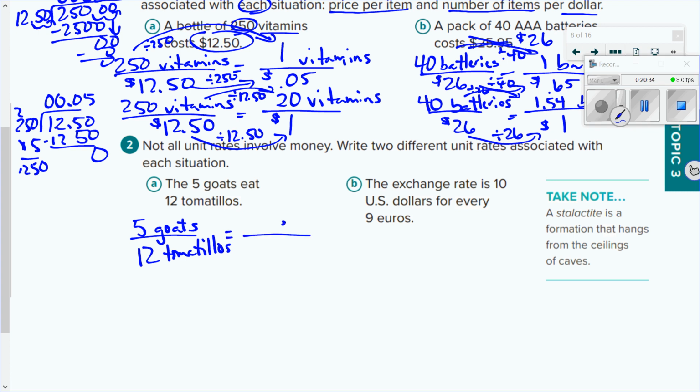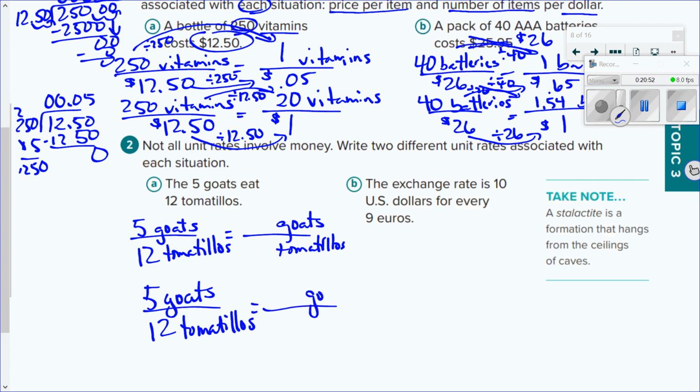So again, our basic setup, it doesn't matter what the units are. We're still going to just write them out the same. Again, the big deal is in unit rates. I'm just making either the numerator or the denominator 1.